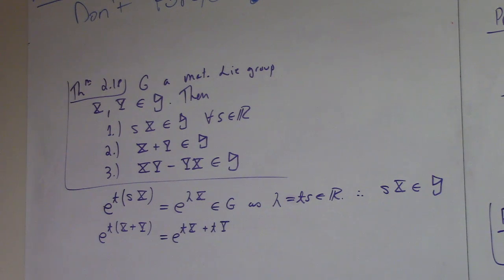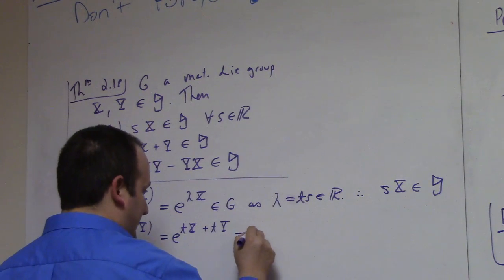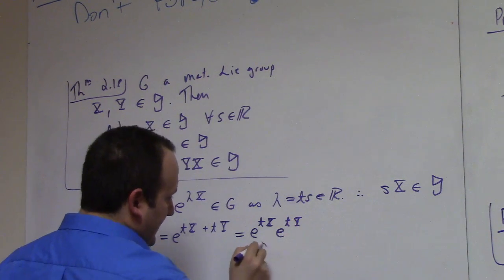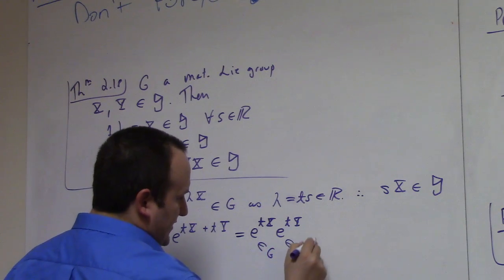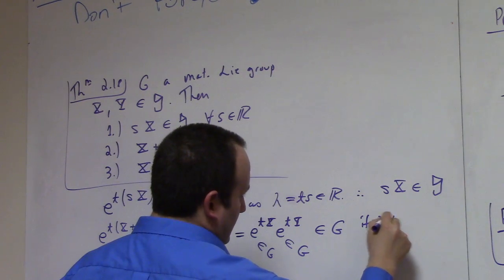Point 2 is easy to verify if X and Y commute, since in that case this is e to the tX times e to the tY, which is again a product of elements of G, which is once more an element of G, as G is a group, if XY is equal to YX.